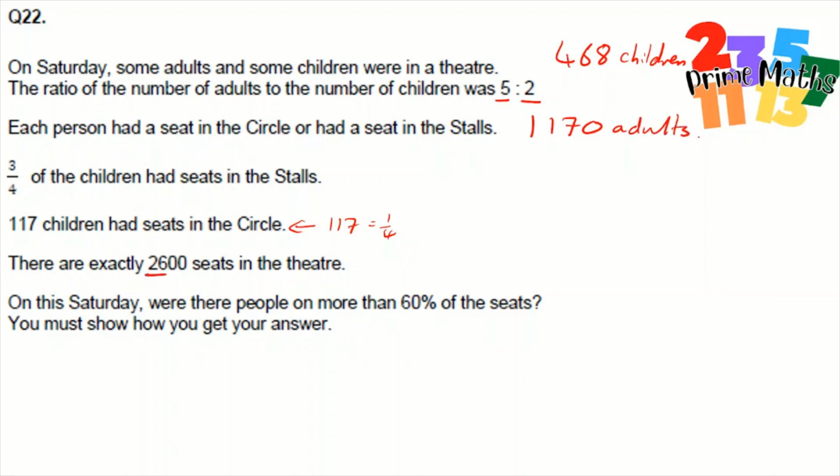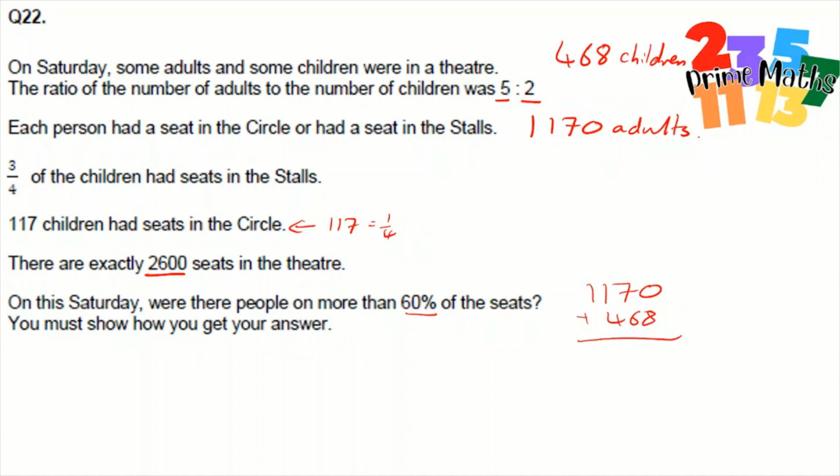It said that there were 2,600 seats in the theatre and asked if there were more than 60% of people in the seats. In total, we have 1,170 and 468 people.